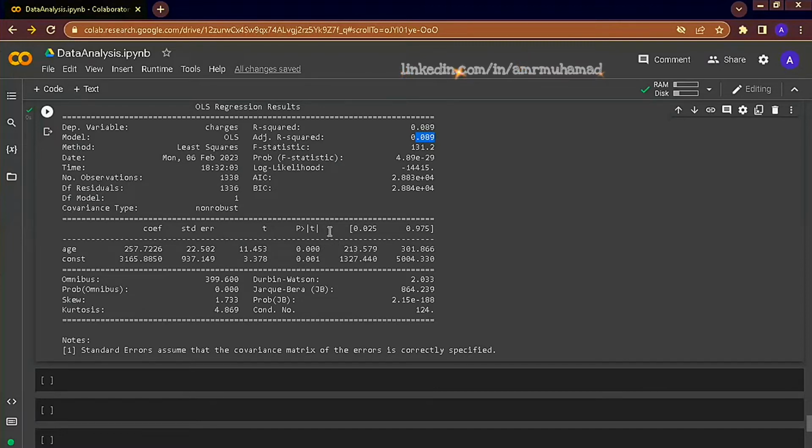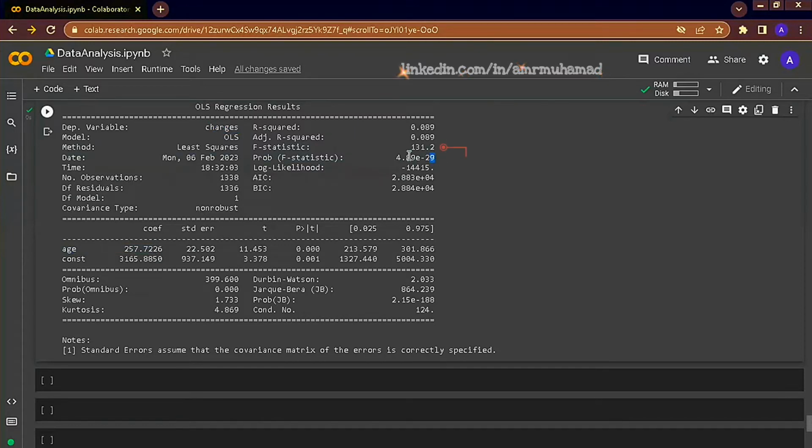Of course, a low R squared means that this model is not good, because R squared is the percentage of variance that this model helps to explain in the dependent variable. So this model explains about 8% of the variance in charges. This is a very low percentage. We can't rely on age only to understand the change in the values of charges.